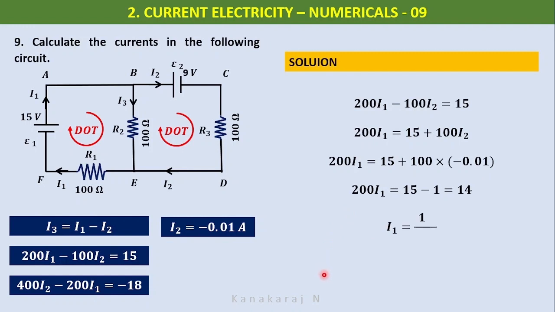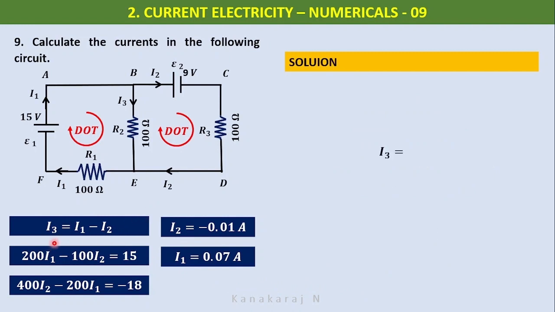So I1 equals 14 by 200, I1 equals 0.07 ampere. When we know I2 and I1, by using the first equation we can find I3. I3 equals I1 minus I2, which is 0.07 minus of minus 0.01. So I get I3 equals 0.08 ampere.